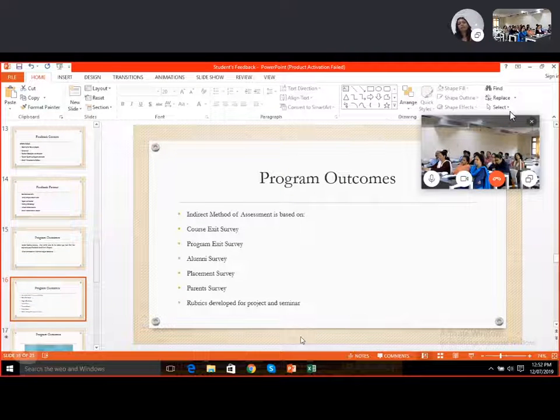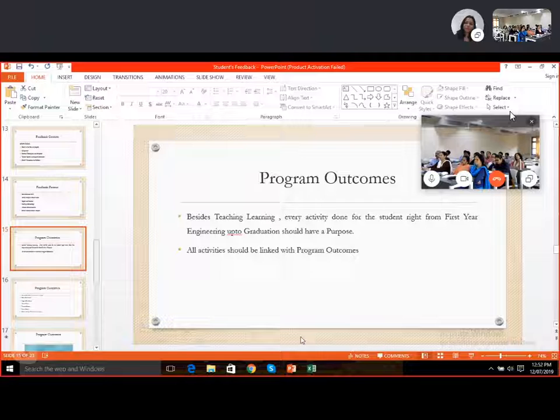Then, as I already said, the direct attainment of program outcomes is nothing but the student feedback, and the indirect attainment comes under various things. Besides teaching and learning, every activity done for the student, right from first year engineering up to graduation, should have a purpose. If a student is learning something, there is a purpose, and all the activities should be linked with the program outcomes.